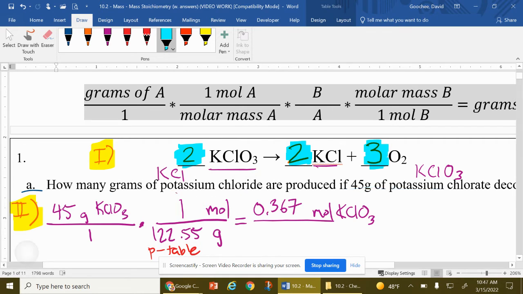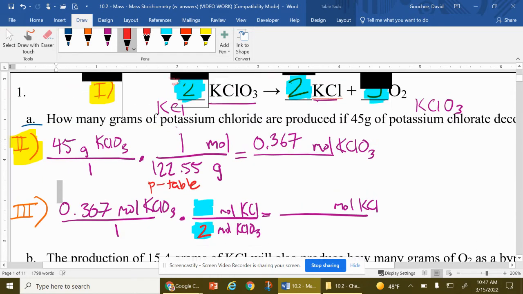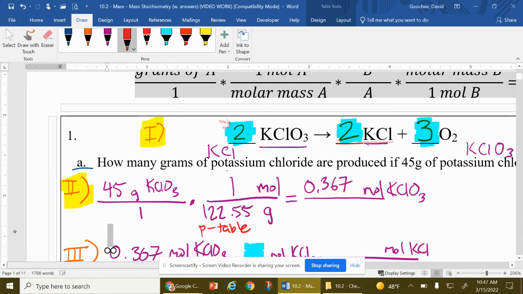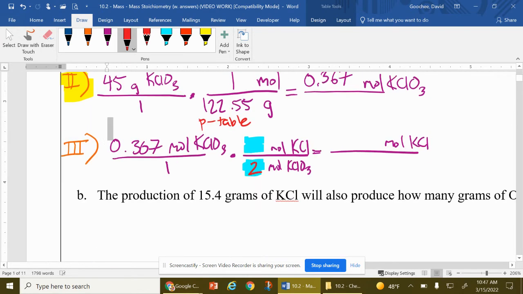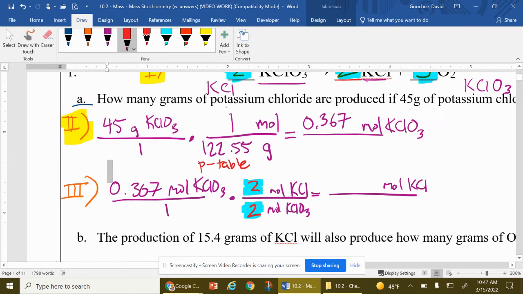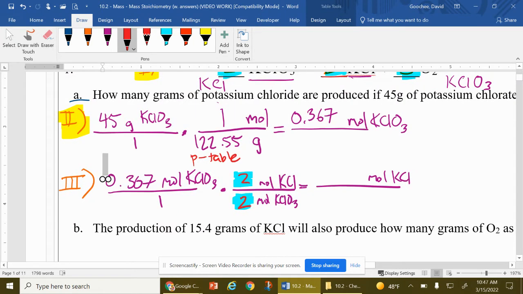So what goes in front of the KClO3? It's 2. All right, so here we go, 2 KClO3s. And the number that goes in front of the KCl is also 2. So here we go, 2. All right, well, what we see here is that's a ratio of 1 to 1.